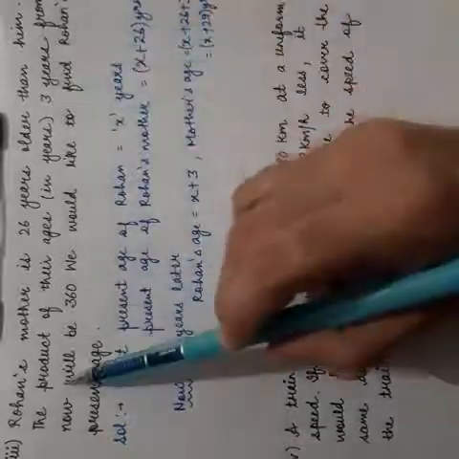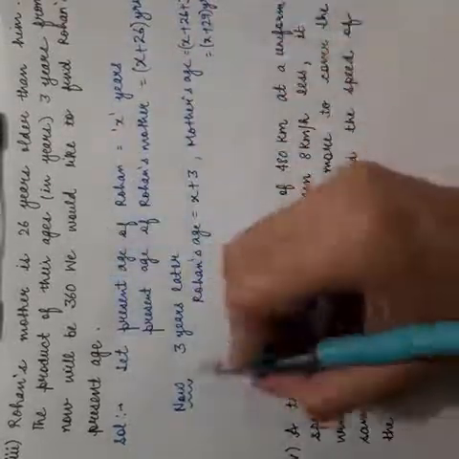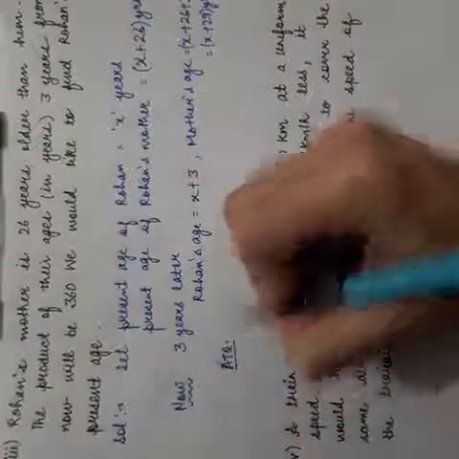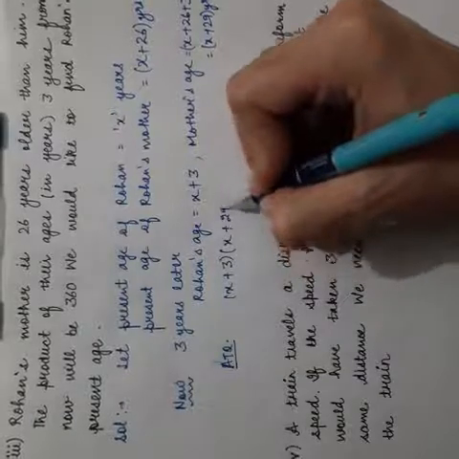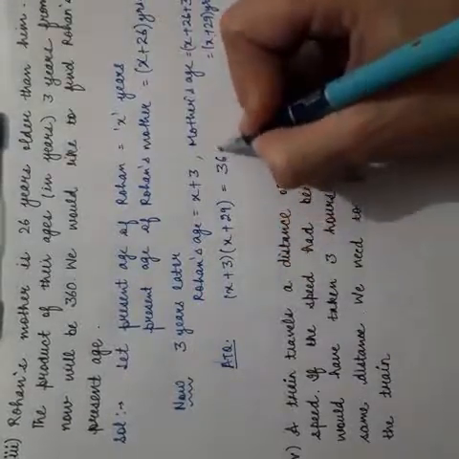Now the question says the product of their ages 3 years from now will be 360. The product of their ages after 3 years, whatever their age is, their product should be 360.